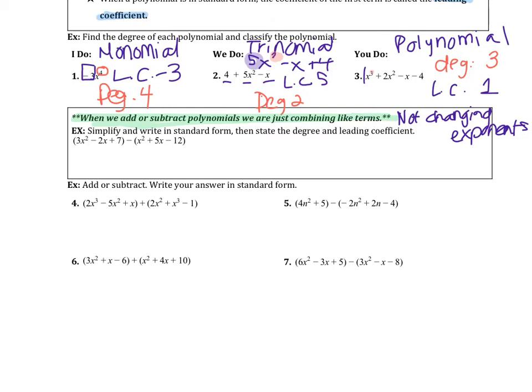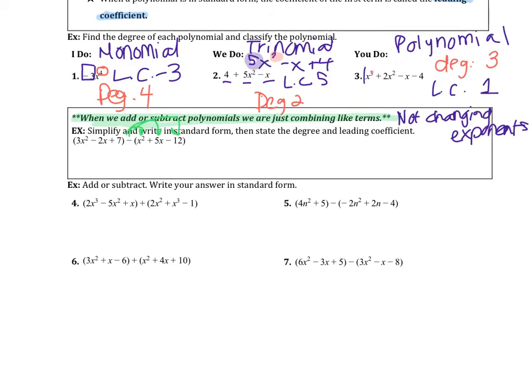So if there is an addition symbol, you're simply going to combine the things that have the same variables with the same exponents. If you are subtracting, there's one additional step. What you're going to do first is distribute that negative sign to the entire second polynomial, and then you're going to combine like terms.